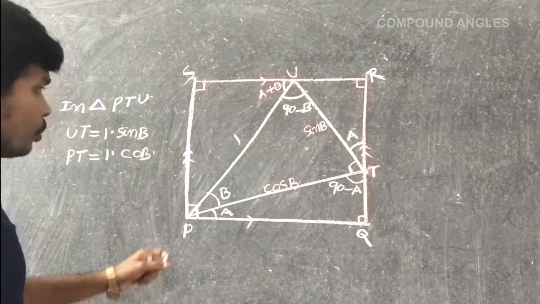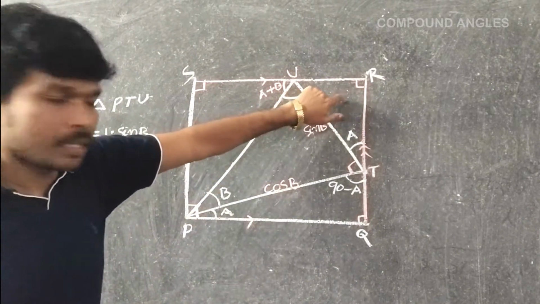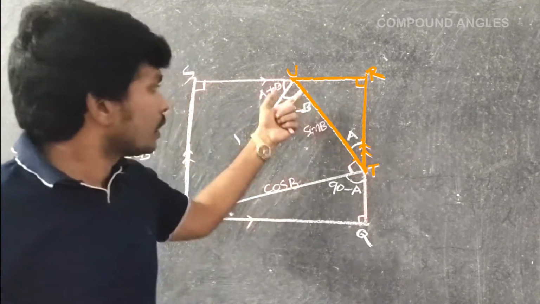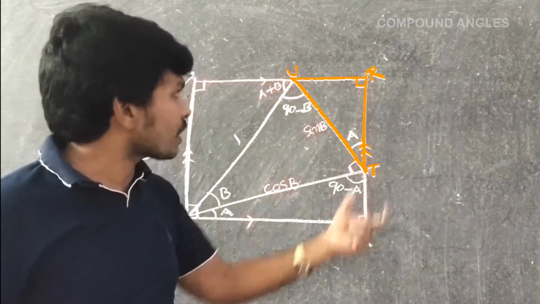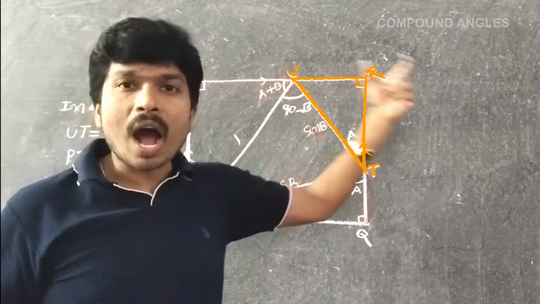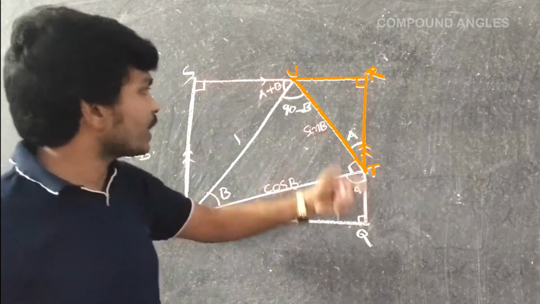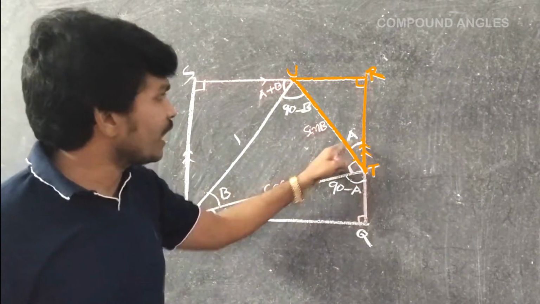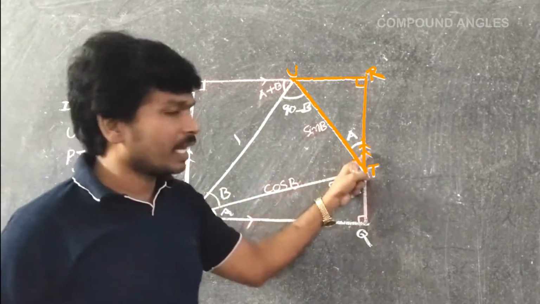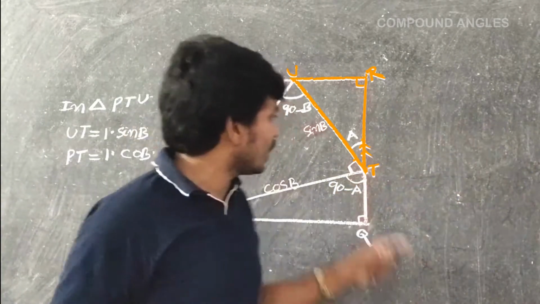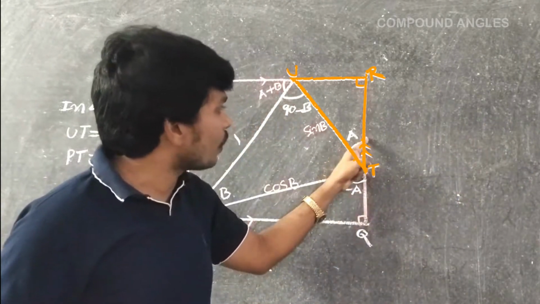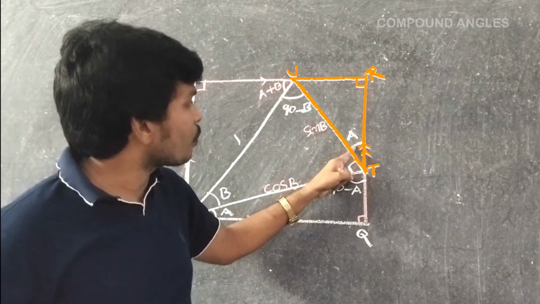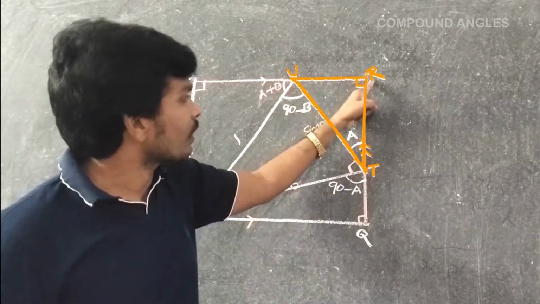Now what will we do? Can we take this piece? What is that piece? The name of this piece is triangle URT. In triangle URT, I am asking, sine A is equal to what? See, what is the opposite side of angle A? UR.